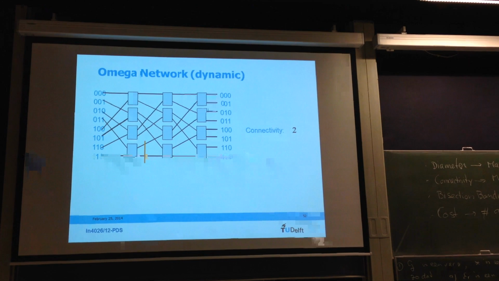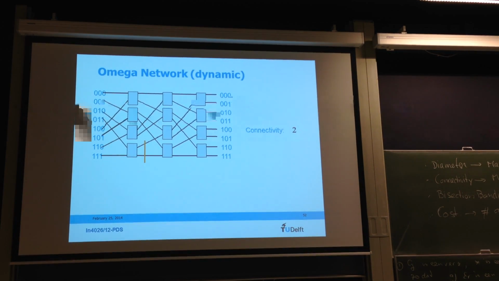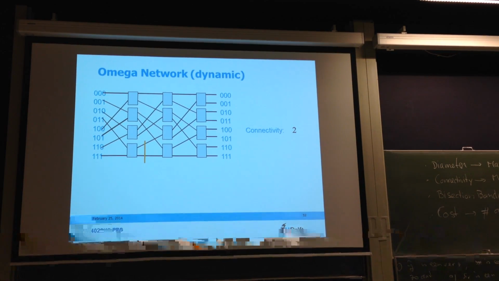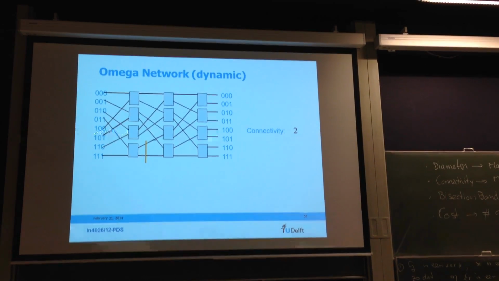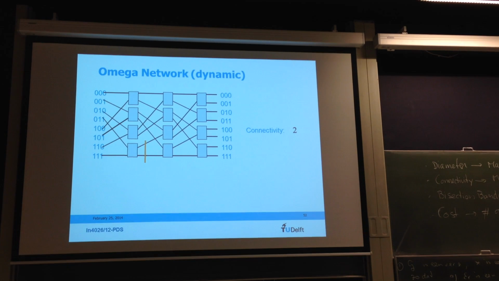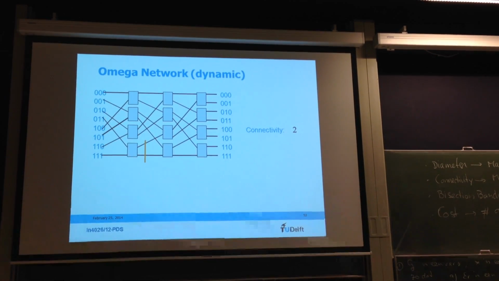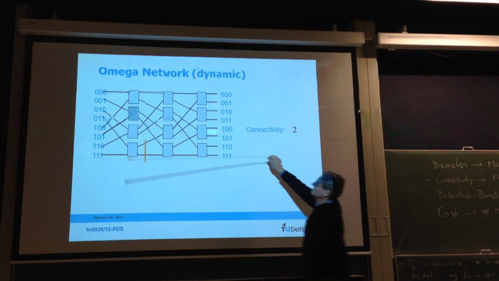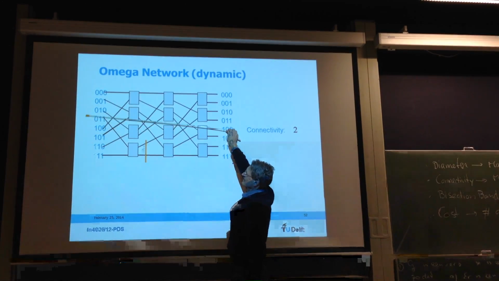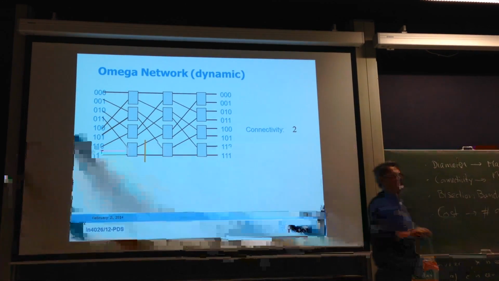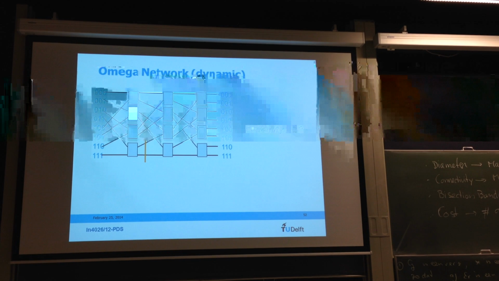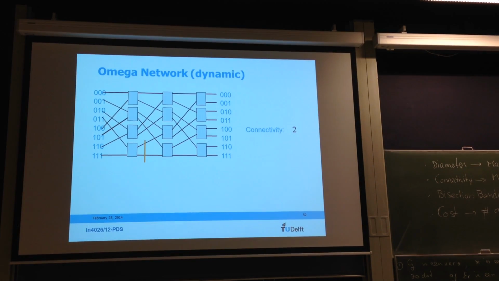Now the bisection bandwidth. Now you see these crossing wires, right? What's the bisection? Basically, bisection is easy, because it's splitting the network across these links. So you just have to count the links, which is not easy.